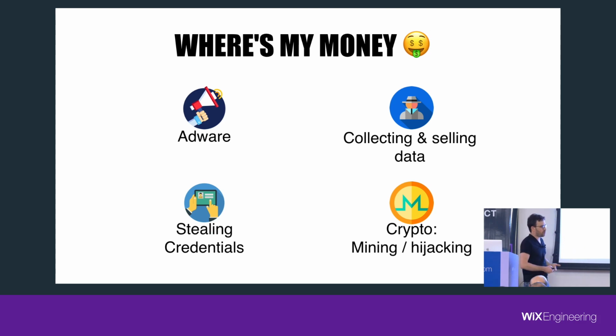And crypto, for some reason, extensions like Monero, I don't know exactly why. So what they do is they can either mine Monero or any other crypto in the background.js, or try to hijack transactions as a man in the middle.